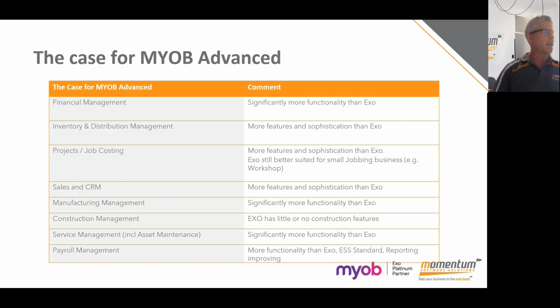And I would add to that branches or cost centers or departments that you'd be familiar with in Exo. Exo has a feature called branches, but it doesn't really have a feature called cost centers or departments. So often you're using lots of branches to try to achieve that.